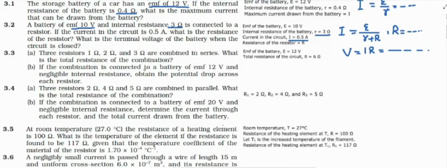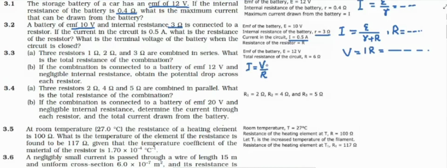And if the combination is connected to a battery of 12 volt and negligible internal resistance, obtain the potential drop across each resistor. So you can calculate the current in the circuit. I is equal to V by R total.